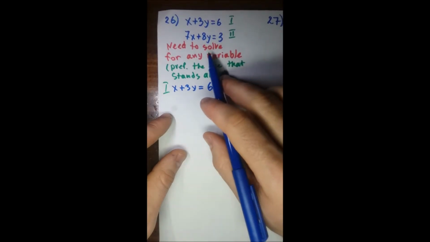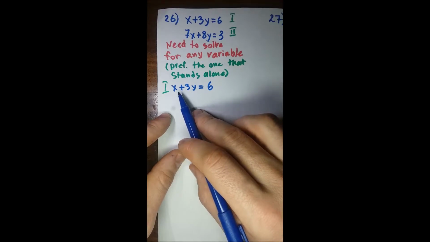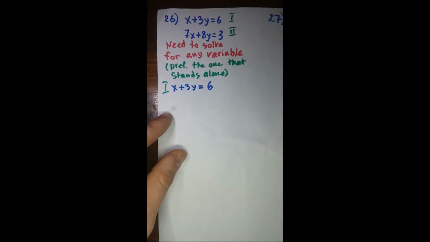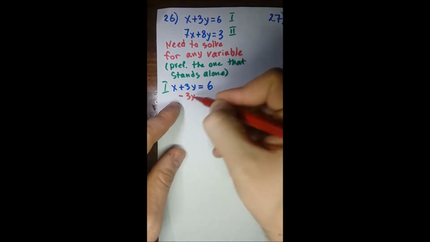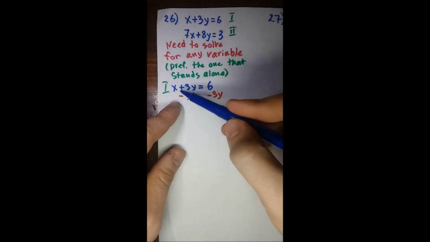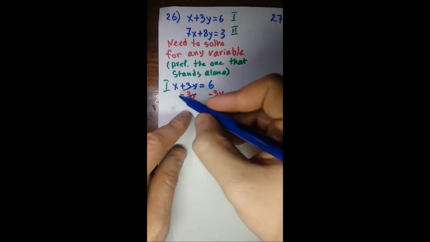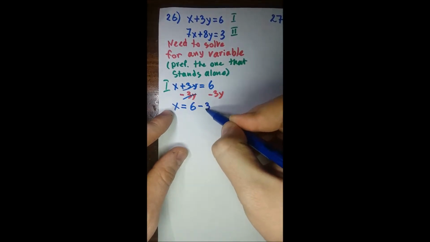And once again, our goal is to solve for any variable. In this case, x is by itself, so we need to solve for x. So the first step we're going to do is move the 3y to the other side. Therefore, these 3y's are gone. x equals 6 minus 3y.